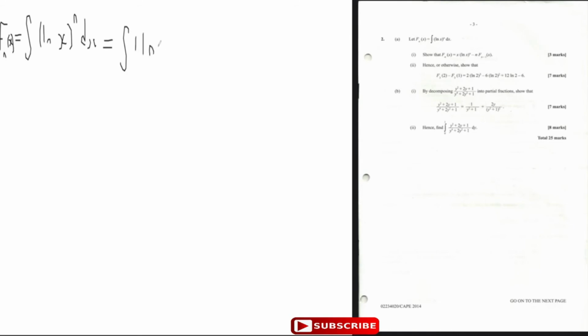And you might say, why did I put that 1 there? That 1 comes there because we're going to be able to use by parts by putting the 1 there, dx.